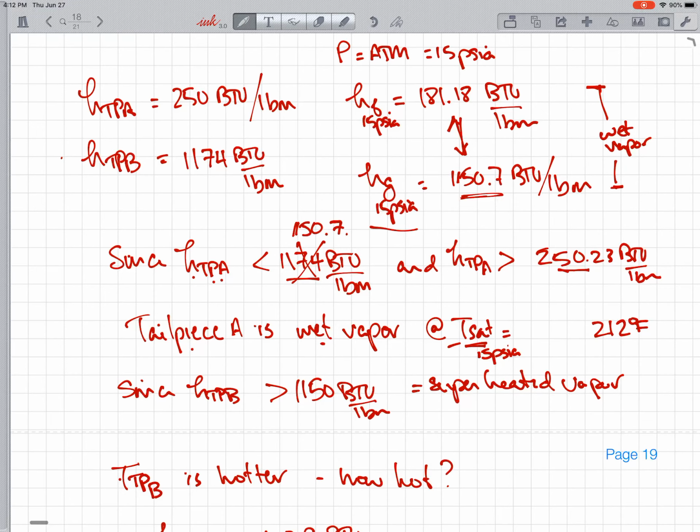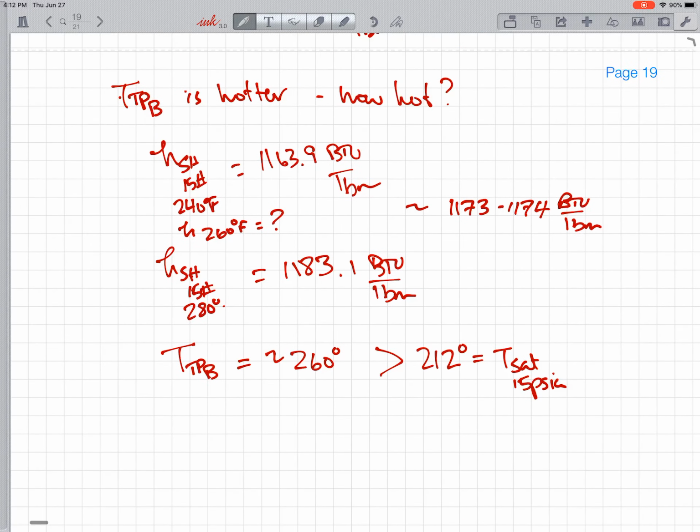So, does everybody understand that the water coming out is going to have an enthalpy of 250, and that's going to be in between the saturated steam and saturated water enthalpies at 15 pounds? And when it comes out at tailpiece B, it's going to be superheated because it's greater than this number right here. How superheated? Well, about 260 degrees if you look at the superheated steam tables.